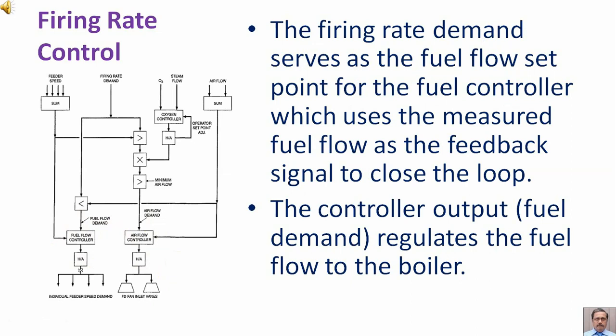The firing rate demand serves as the fuel flow set point for the fuel controller, which uses the measured fuel flow as the feedback signal to close the loop. The controller output regulates the fuel flow to the boiler.